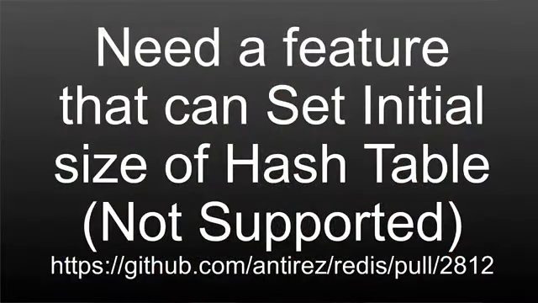So we need a feature that can set the initial size of the hash table. Currently not, but I sent a pull request to Redis, so you can check this. It is easy to implement, I think. So just use an inline patch, and monitoring.